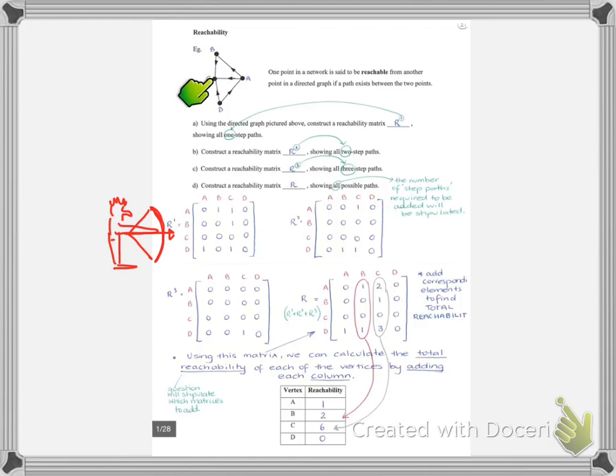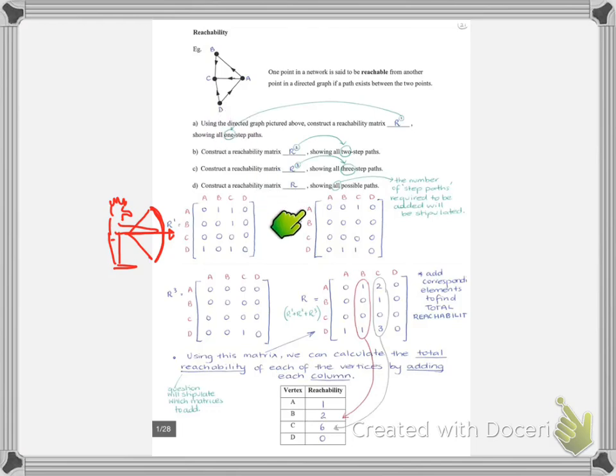Now how does that happen? Well, here's A. A reaches towards B in 1 step, and then that's the 2nd step to C. There isn't any other way that we can get from A to C in 2 steps. We can get from A to C in 1 step this way, and we can't get to C in this way because the arrow is pointing the wrong way.